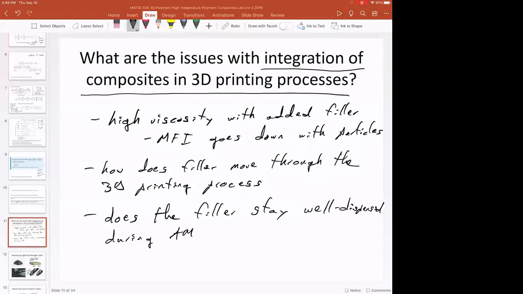So that'll be important, you know, is what you put in the composite to begin with, is that what you get out after all of your composite manufacturing is done? That's important. Any last issues here on how we integrate composites, or concerns that we have about composites in 3D printing?